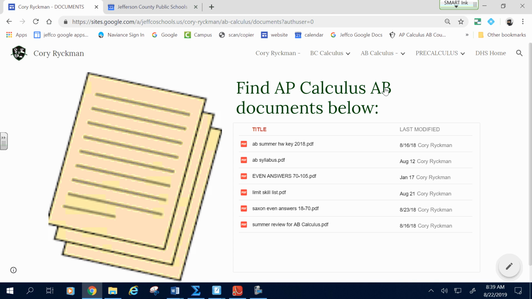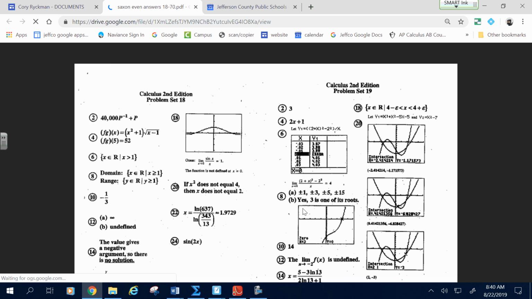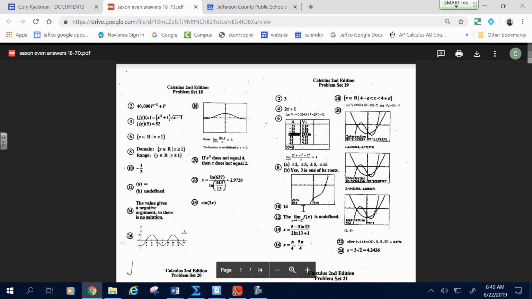So you will find in the AB Calculus tab, and this looks slightly different when you're on your phone, but it's basically the same setup. In the AB Calculus tab, go into Documents, and you'll see some documents. I had the summer homework and such. The syllabus is there. Here's where you will want to focus. Here's even answers to Saxon, even answers 18 to 70. And so you can look at your even answers.